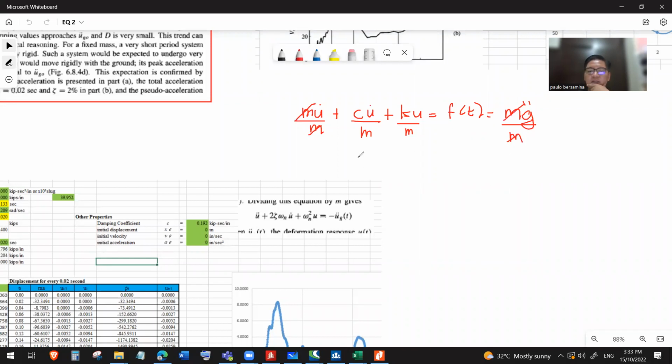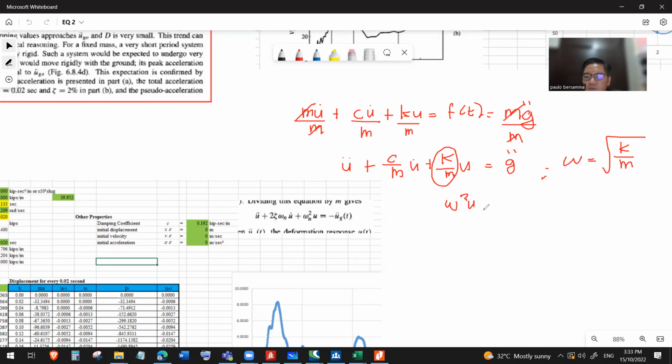So yung matitira is u double dot plus c over m u dot plus k over m u equals g double dot. Now, what is this? Remember, the formula of frequency is the square root of k over m. So that means this is omega squared u.